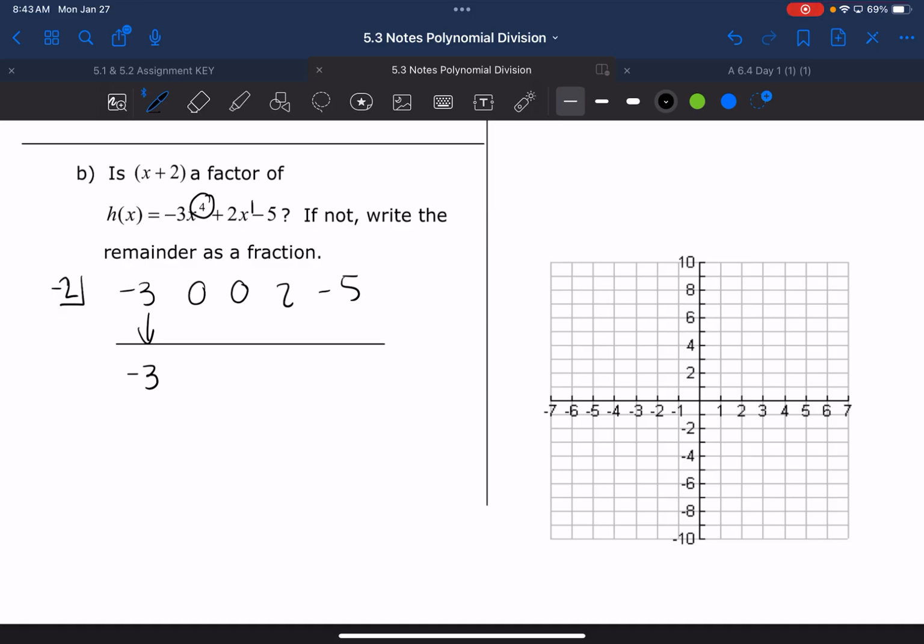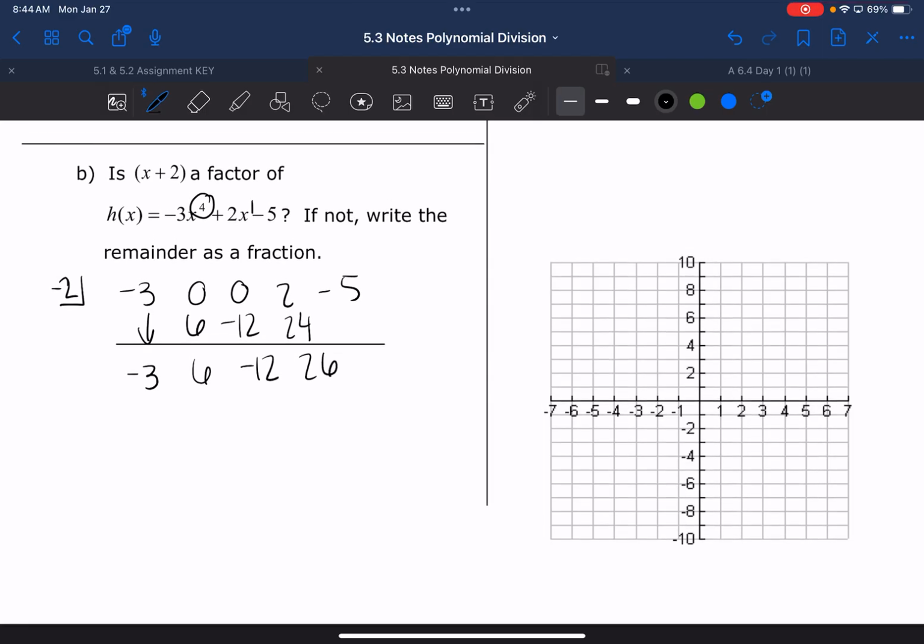All right, and then what should we do? Multiply. So -3 times -2 gives us 6, and then we add them. Okay, and then what's 6 times -2? And then we add and get -12, right? What's -12 times -2? 24. Which gives us 26.